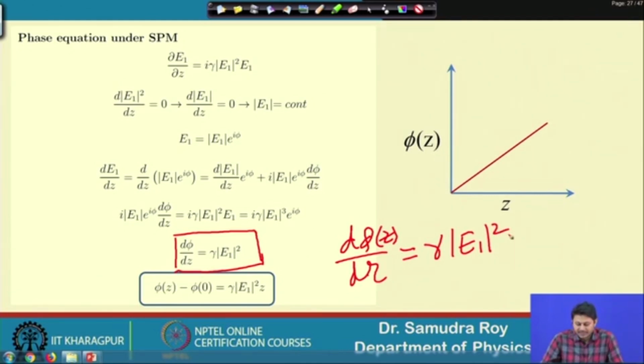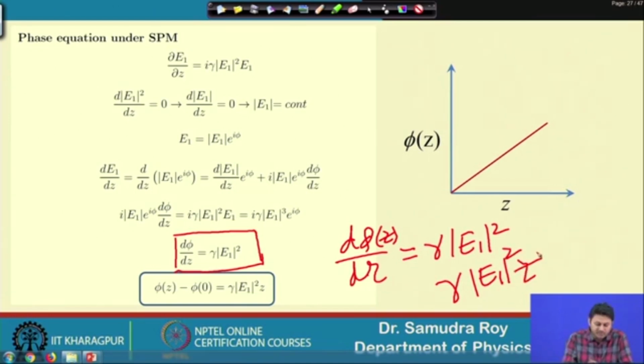Well, if I integrate these things, because E1 is not a function of z, we can readily integrate this. We will find that phi, which is the phase of the electric field amplitude, will now change linearly, and it will be a linear function of z, and the solution is simply gamma mod of E1 square z.